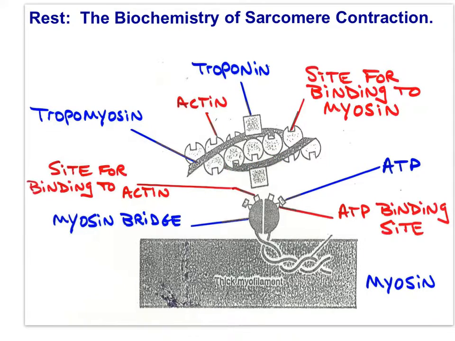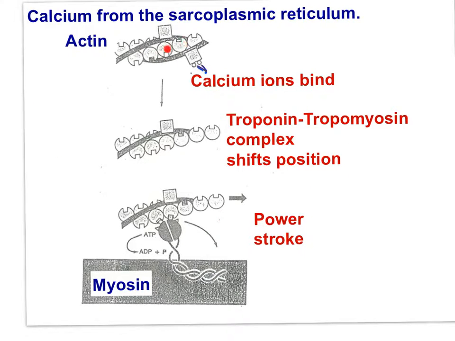The position of the troponin-tropomyosin complex can be changed under the influence of calcium. Here is the actin with the troponin-tropomyosin complex, and with the arrival of calcium ions released from the sarcoplasmic reticulum, the calcium ions bind to the troponin, causing a conformational shape change in the tropomyosin.